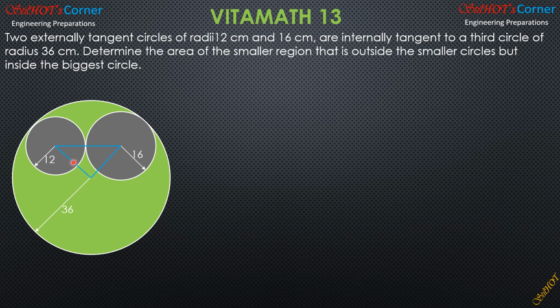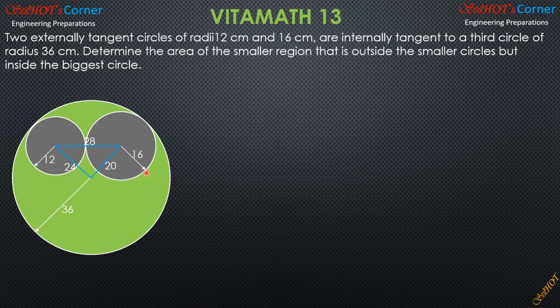So therefore, the side here is 36 minus 12, because if you extend this, that's the radius of the 36 cm circle, so this is 24. And this is 12 plus 16, so 28, the sum of the radii of the smaller circles. Then this is 36 from here up to the point of tangency, 36 minus 16, so this is 20.